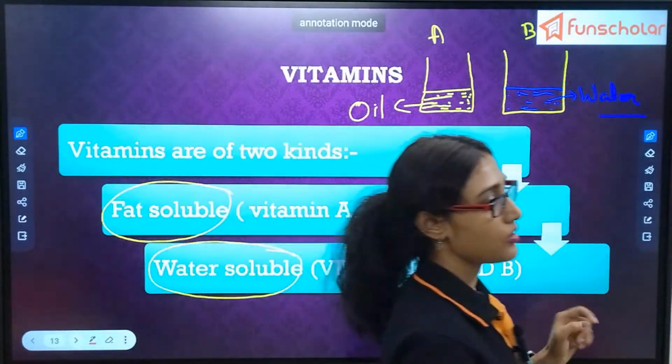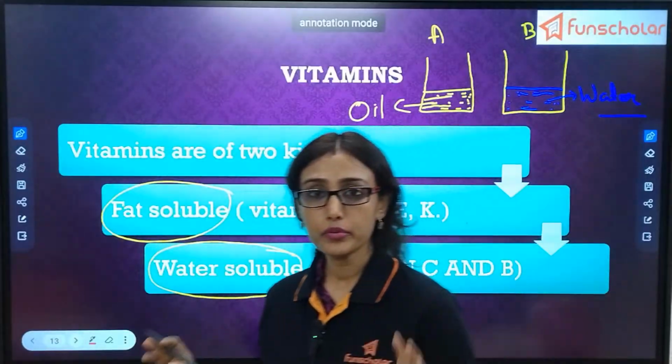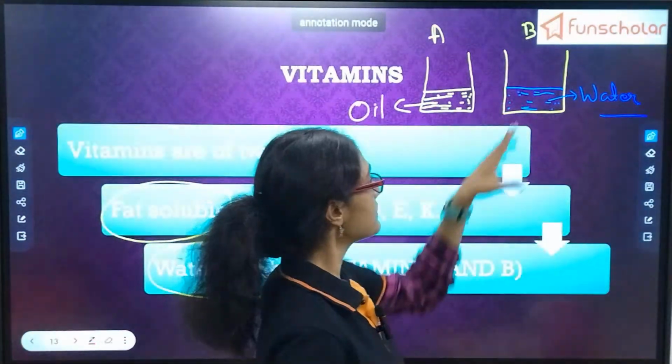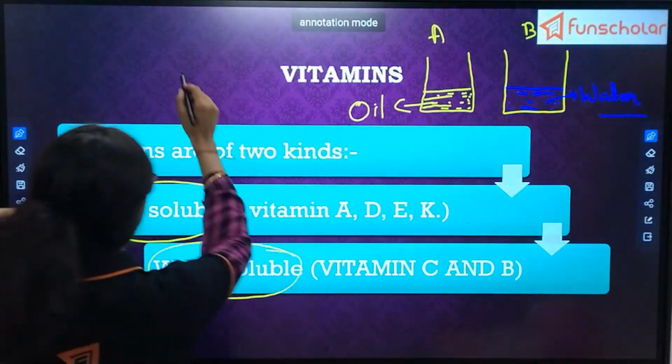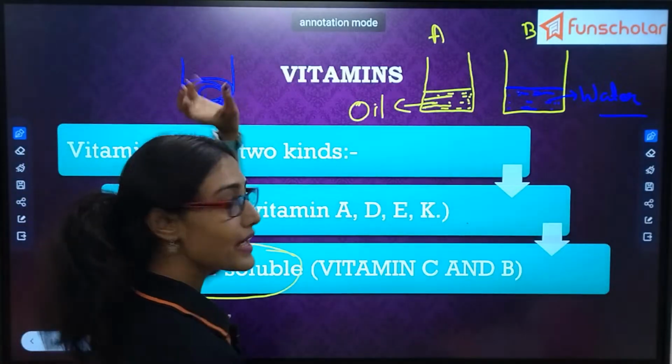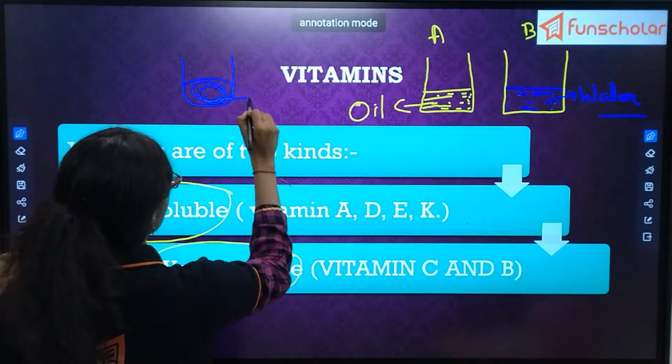In the chapter of matter, you will come to know about solvent and solution, but when something gets dissolved in something, that is known as what? Soluble. Okay.